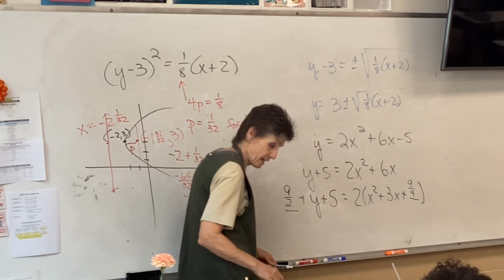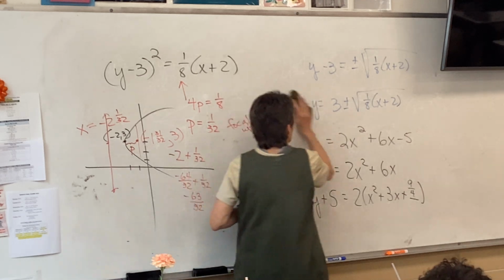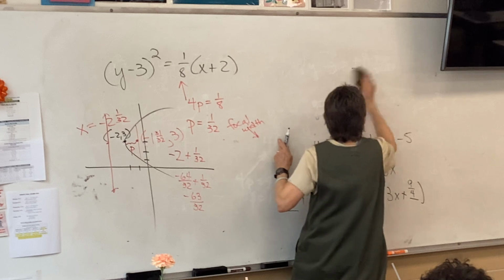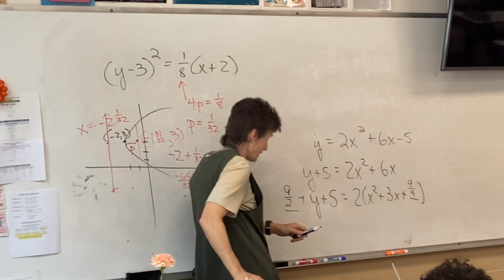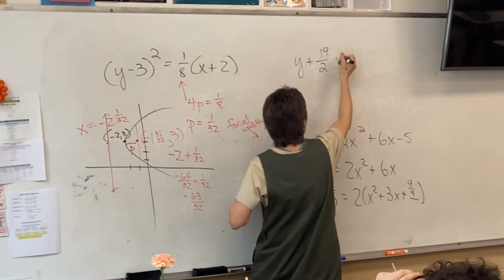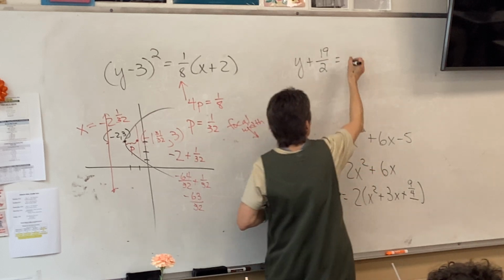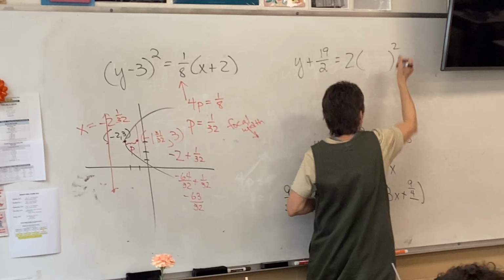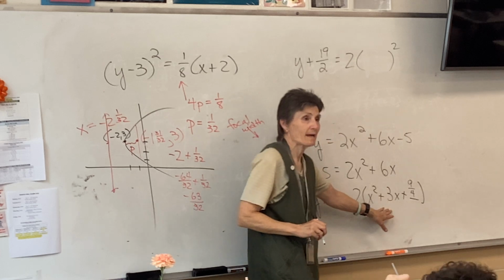So now I need to add these together. So I have y plus 19/2 equals 2 times, okay, what square is that?